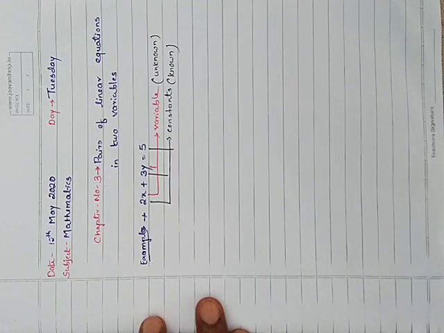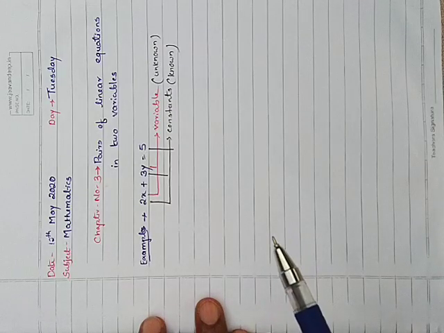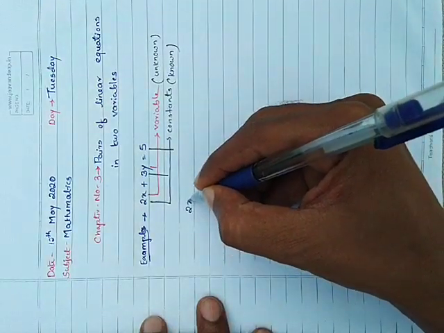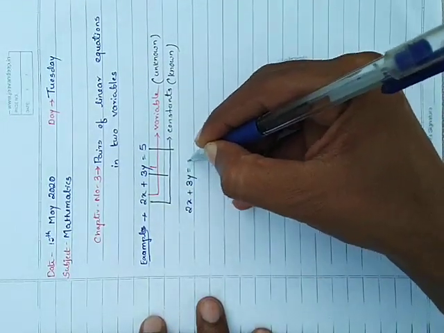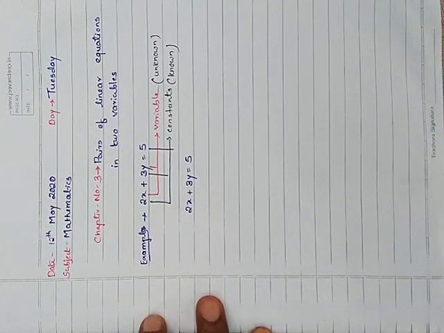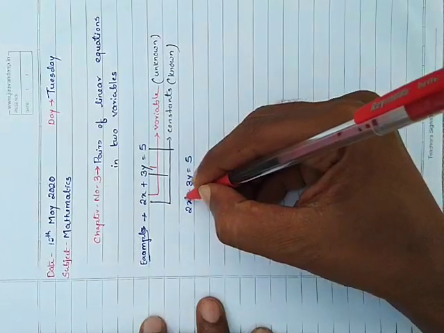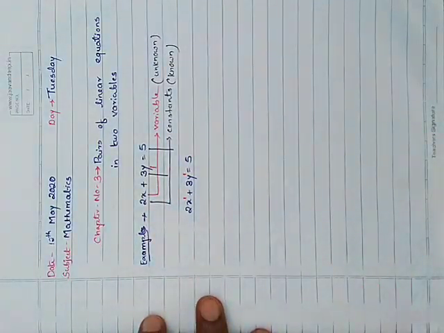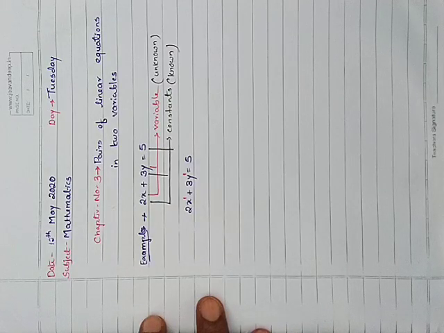Now the example which we have taken here, why do we consider it as a linear equation in two variables? Can anyone say me the power of x? What is the power of x? Power of x is 1. What is the power of y? Power of y is also 1. So here we are having two variables, and both the variables, when we consider, the highest power itself is 1.